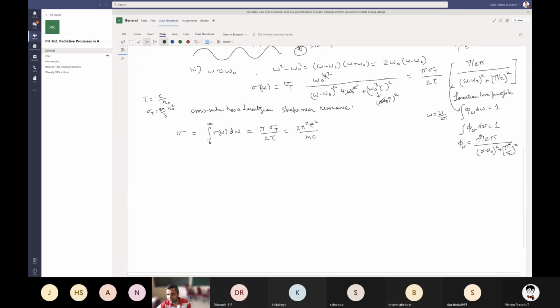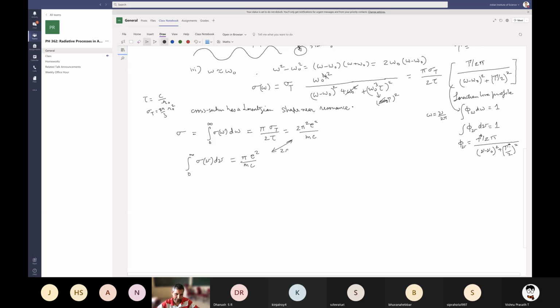So sometimes we can also use this phi nu, the line profile in the frequency space rather than the omega space. Okay, and if you put in the numbers, you will see that phi nu d nu, it's exactly the same calculation but done in nu instead of omega. You get pi e squared by mc. Of course, these two just differ by a factor of 2 pi.